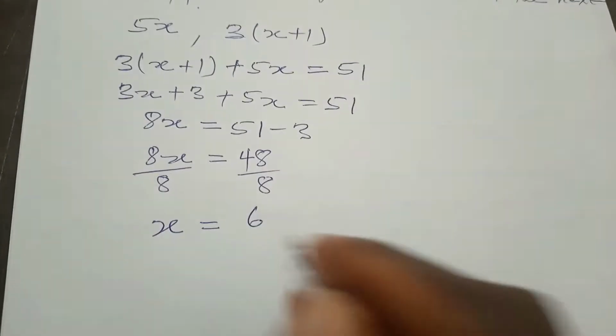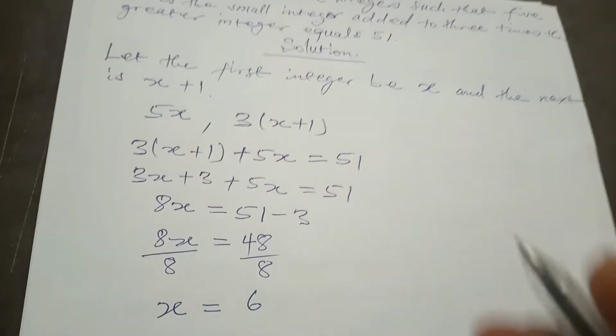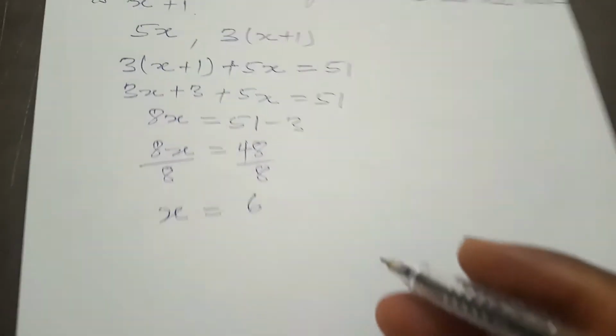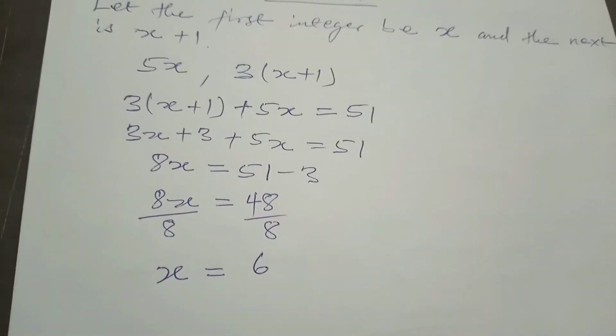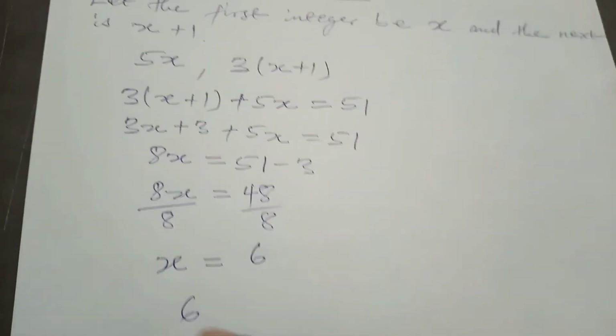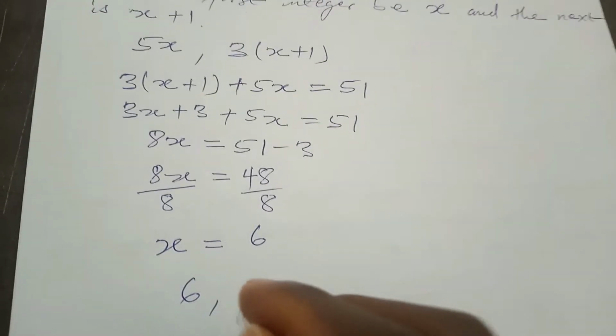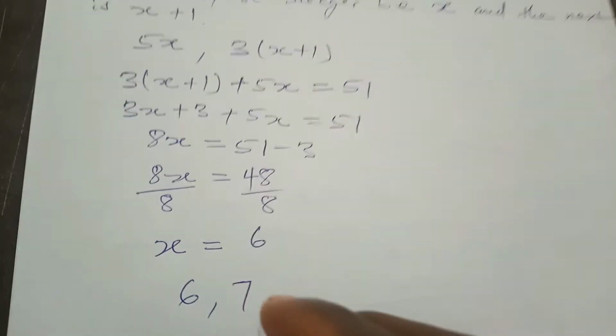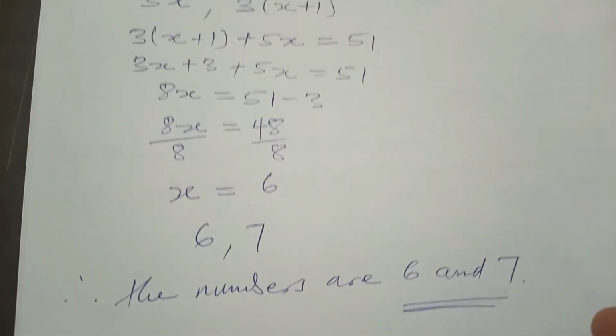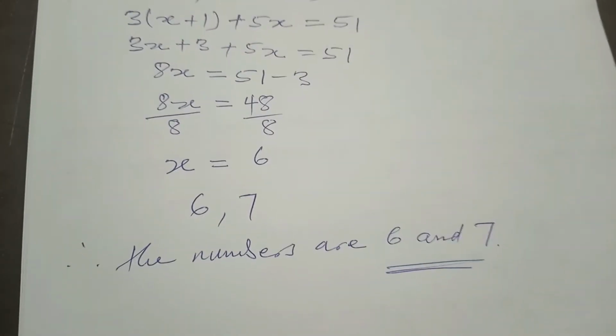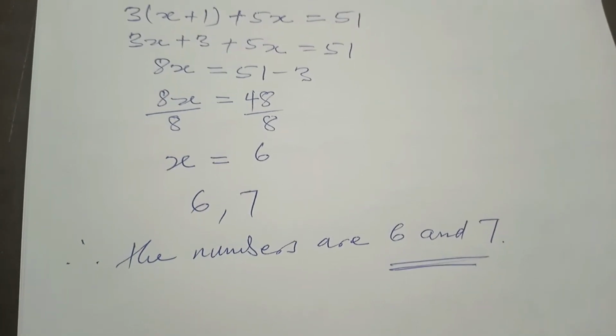So the 6 is just our x. Now coming back to the numbers, it means that the first number will be 6 and the second one will be 6 plus 1 is 7. Therefore the numbers are 6 and 7.